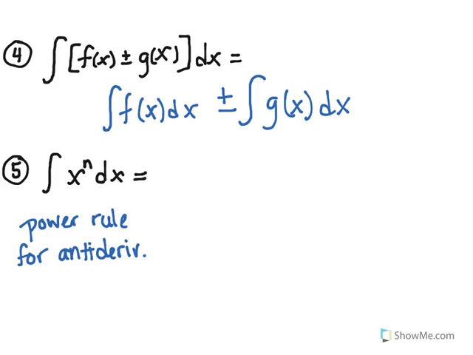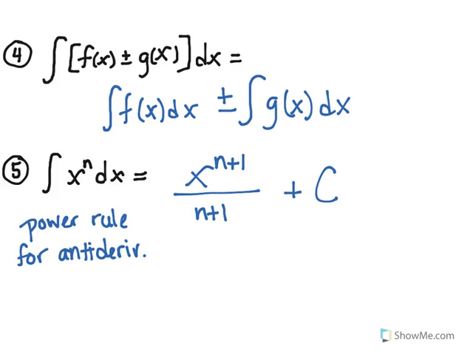Now we kind of need to do the opposite of that. So instead of subtracting 1 from the exponent, we're going to add 1 to it. Instead of multiplying by the new exponent, we're going to divide by the new exponent. And then don't forget there will be a plus c at the end for your constant of integration.